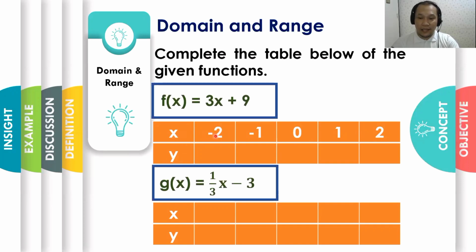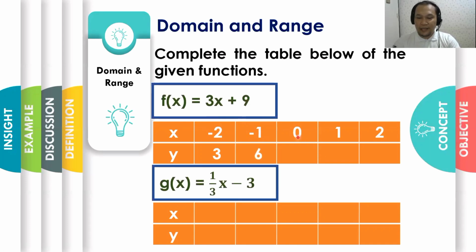We are going to find the value of y when x is -2, -1, 0, 1, and 2 for our function f of x is equal to 3x plus 9. If our x is -2, then 3 times -2 is -6, plus 9, the answer is 3. If x is -1, then 3 times -1 is -3, plus 9, the answer is 6.